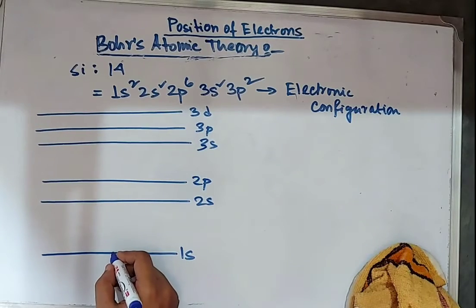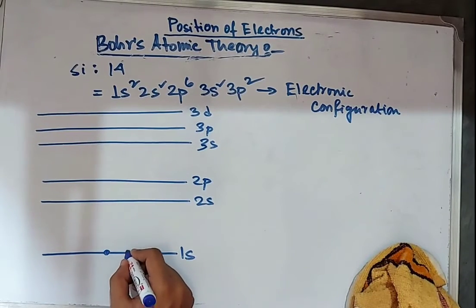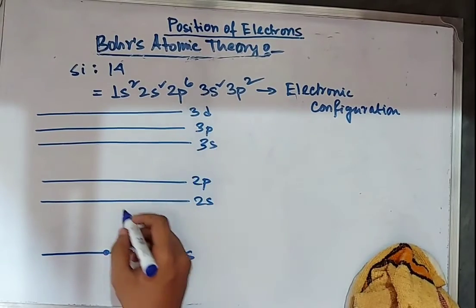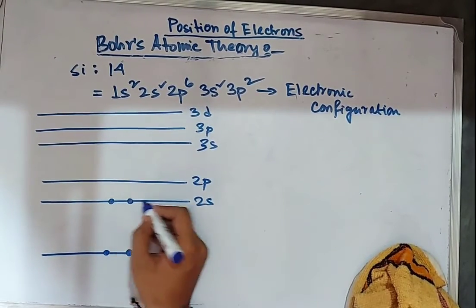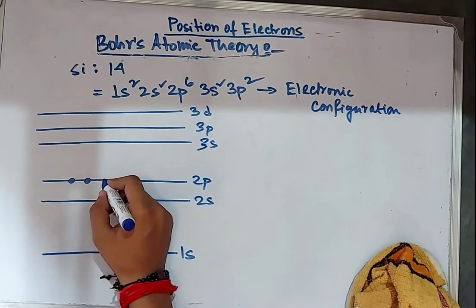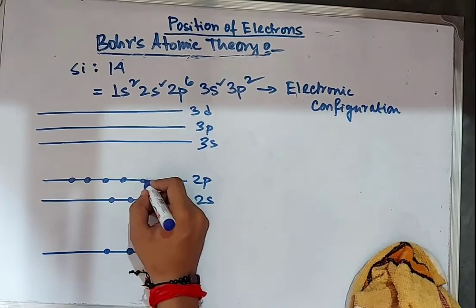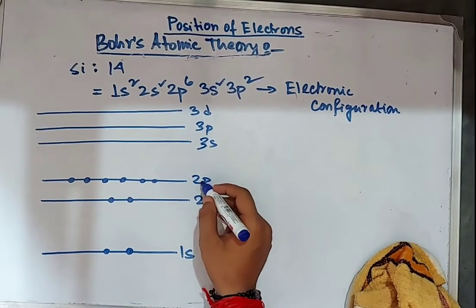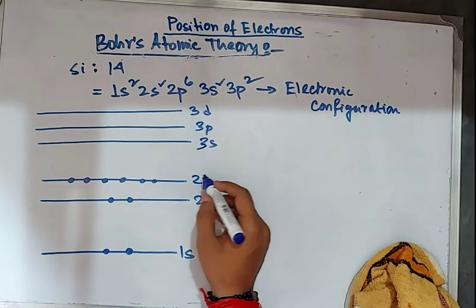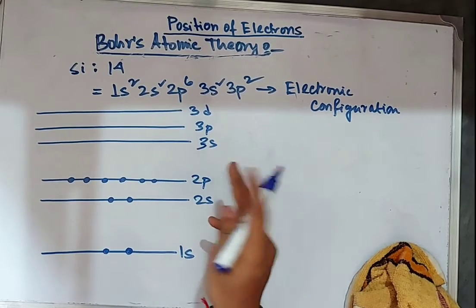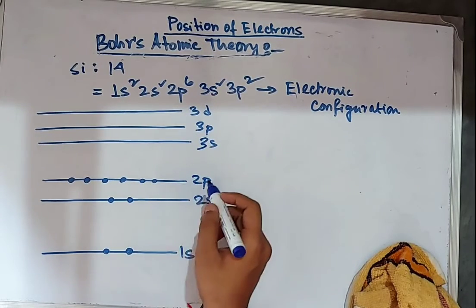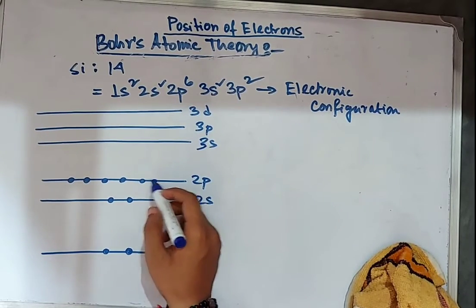So 1s has 2 electrons, because 1s2, then 2s2, so 2s has 2 electrons. 2p6 has 6 electrons. The p subshell has 3 orbitals, and each of these 3 orbitals will have 2 electrons, so the 3 orbitals will hold 6 electrons.